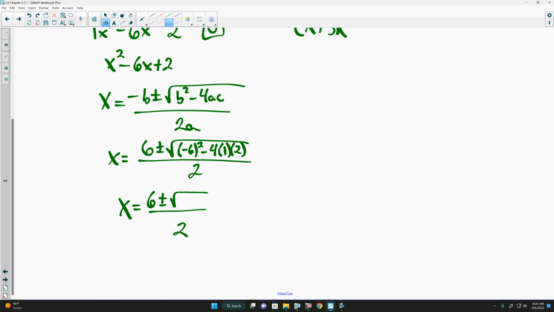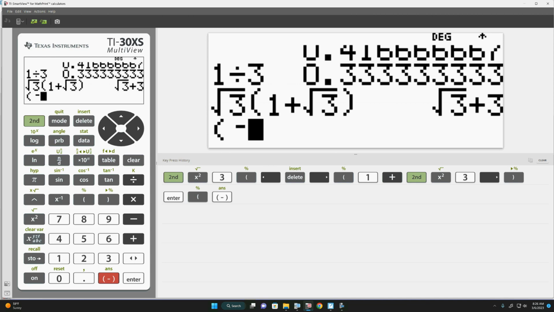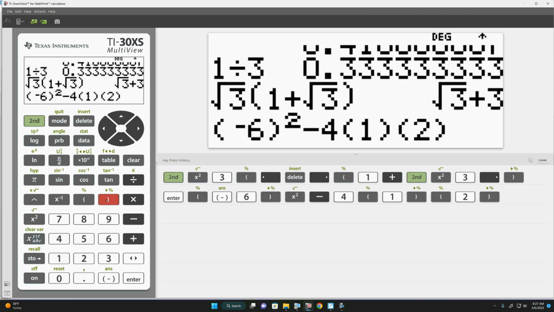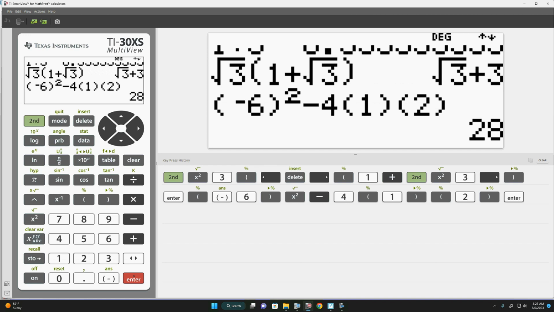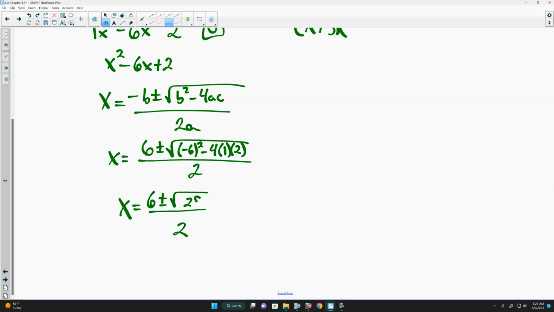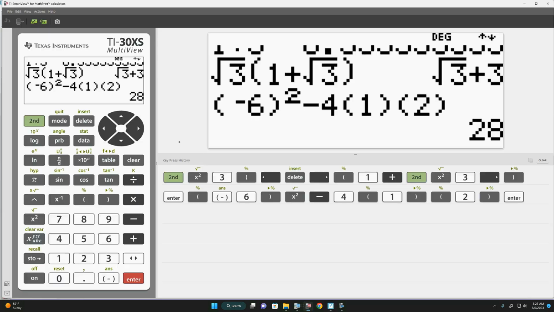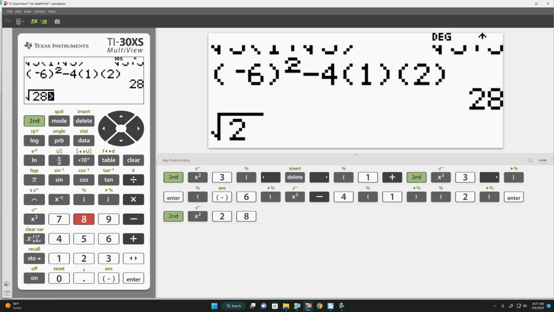At this point, I'd plug everything inside the square root into the calculator. Negative 6 squared minus 4 times 1 times 2 gives us 28. Now we can plug square root of 28 into this calculator here. 2 square root of 7.